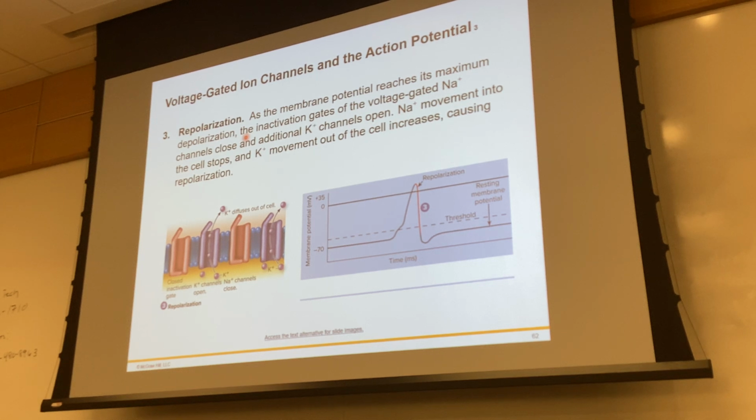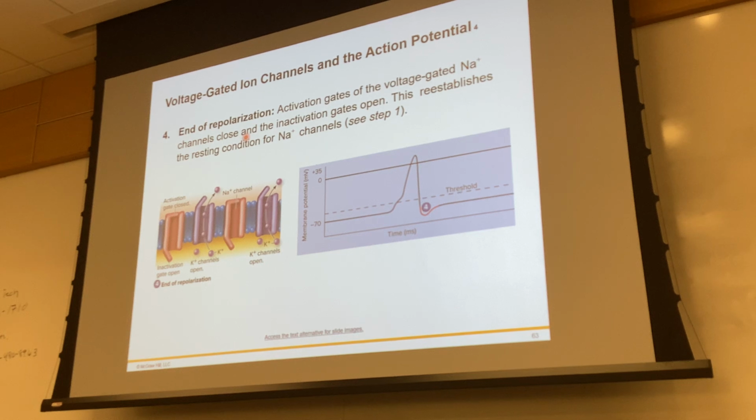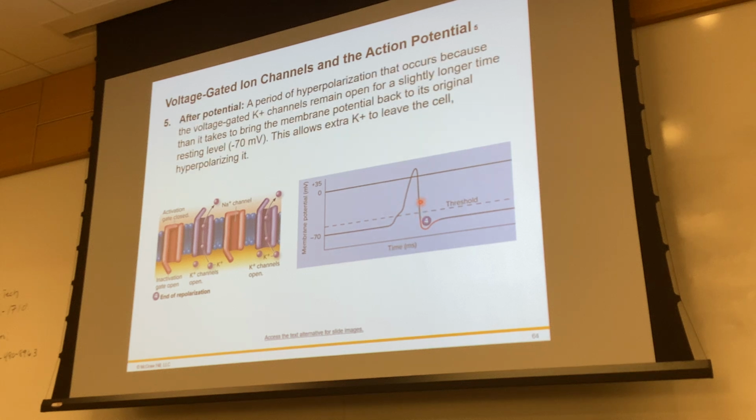We talked about the movement of sodium and potassium here, and if there's too much potassium moving out and too much chloride moving in, then you get hyperpolarization. Chloride is not illustrated in this drawing, but potassium is, and that's what we're seeing right here. And once again, I'm not going to talk about this idea of after-potential. It's going to be hyperpolarization.